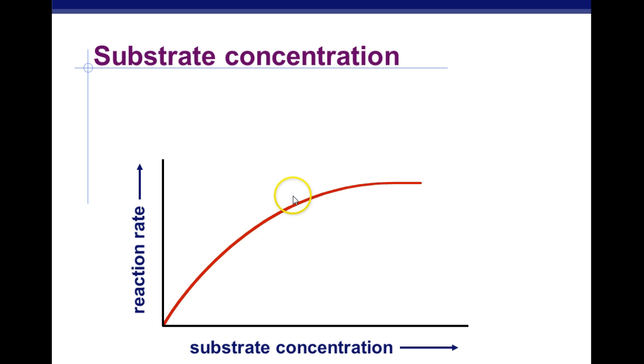So it's a direct relationship up until right here. Now get this graph in your notes, label it correctly, and then let's talk about it. Now this isn't enzyme concentration anymore, it's substrate concentration. So write in your notes that a direct relationship can also be seen by increasing the concentration of substrate.